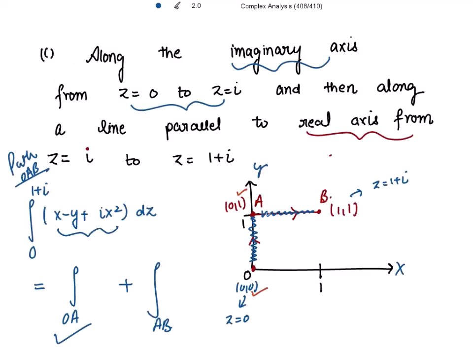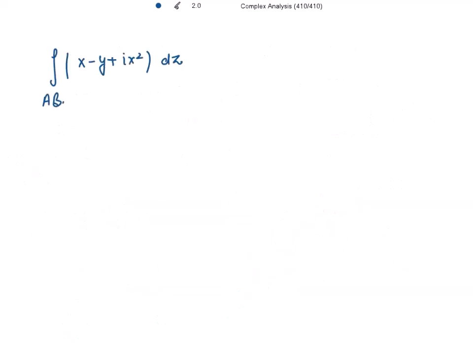And now solving the integral along AB. Along AB, we have the constant value of y, that is 1. Everywhere y is equal to 1. So for this path, we have to consider y to be equal to 1 and dy will be equal to 0, right?